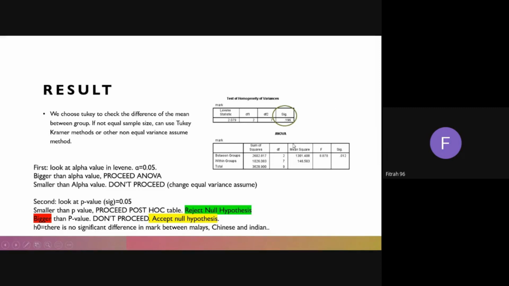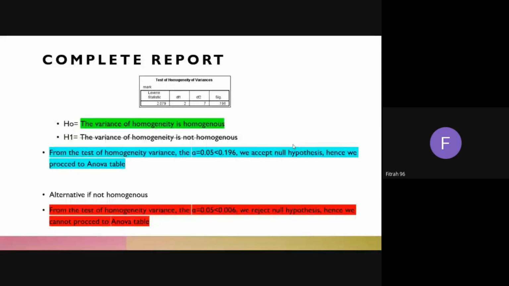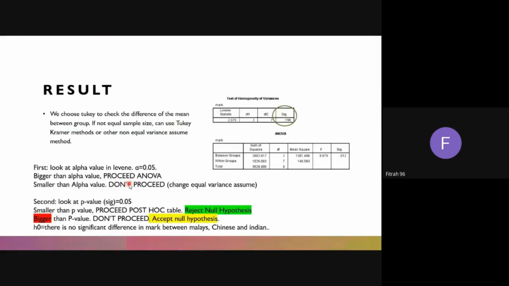We have two hypotheses, which is hypothesis 0, the variance is homogeneous, dan H alternative, H1, the variance is not homogeneous. Okay. And then, kita akan tengok pada Sig value. Since it's bigger than 0.05, kita proceed Anova table here.